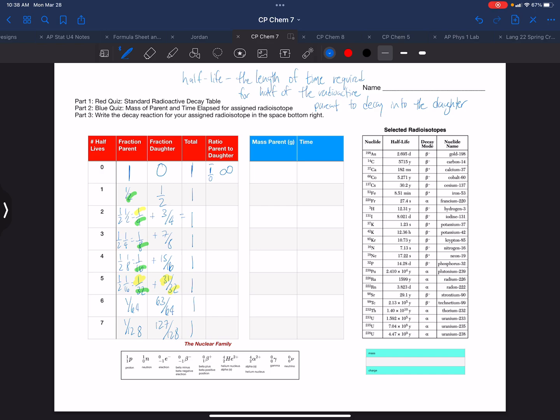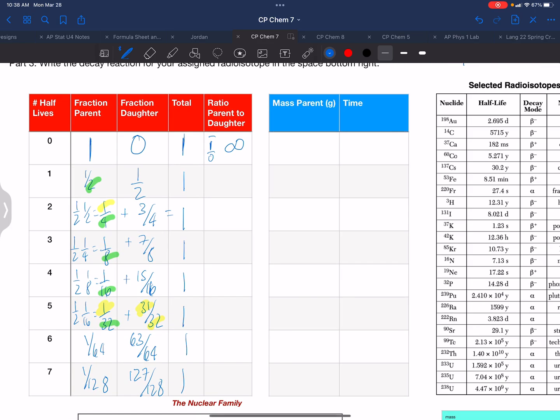Now the ratio of the parent to daughter is we have 1/2 parent to 1/2 daughter, which gives us a ratio of 1. That means they're equal.